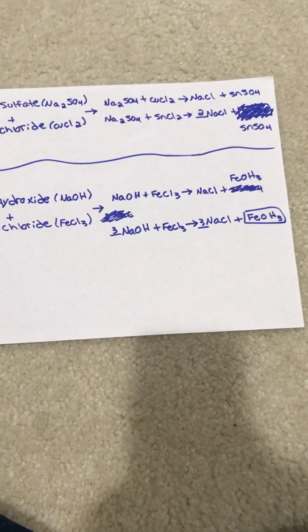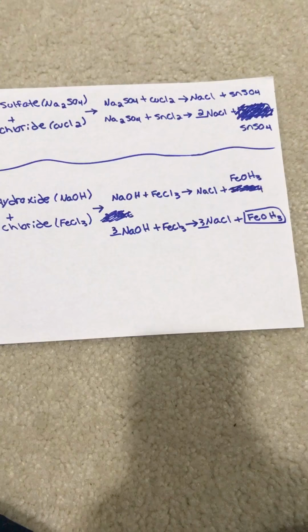Once we balance that, we get 2 NaI plus CoCl2 yields 2 NaCl plus CoI2. In the first one, we did not see a precipitate, basically because we didn't see any solid forming. It was just clear liquid, and it wasn't dusty or anything like that.